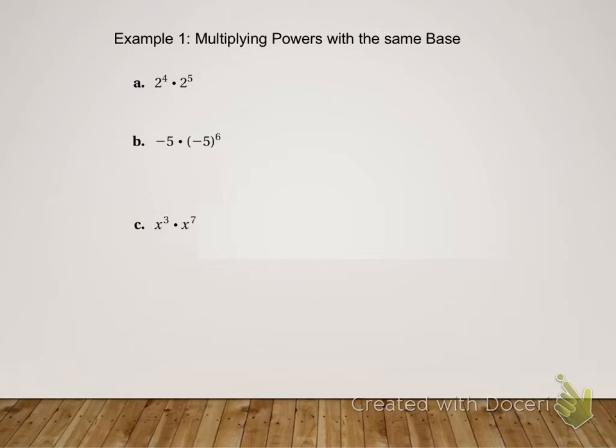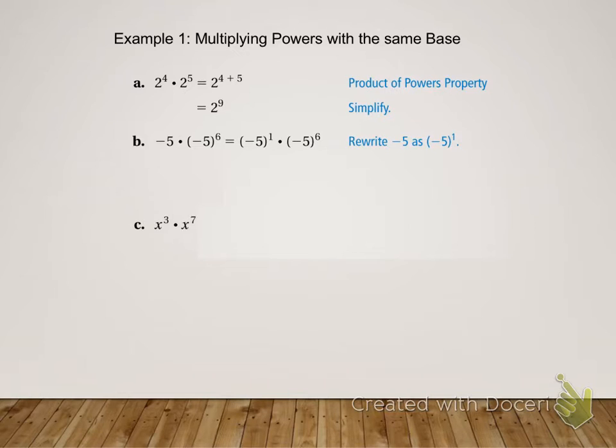So if we're looking at our examples, multiplying powers with the same base. This is where the base is the same. First thing you want to do is, by the product of powers property, we just add the exponents. And then you simplify. 4 plus 5 is 9, so you get 2 to the 9th power.